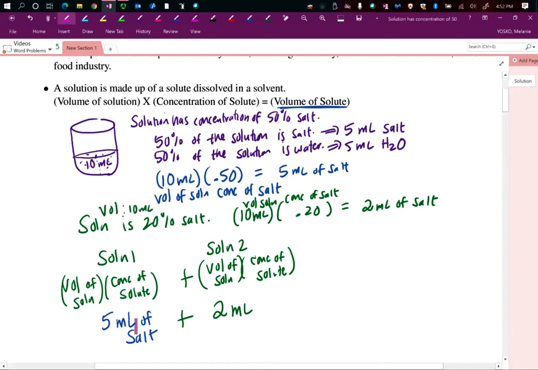If I have 5 milliliters of salt and add 2 more milliliters of salt, I should get 7 milliliters of salt. So that's how we're going to do this. Our new solution also will be considered as the volume of the solution times the concentration of the solute.